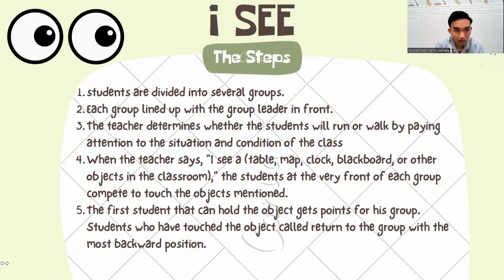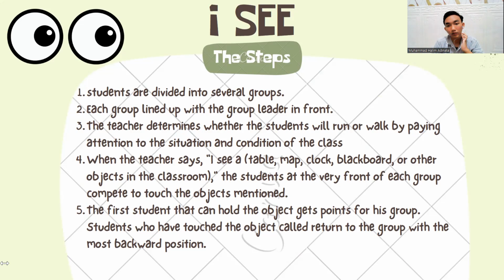and the third is the teacher determines whether the students will run or walk, by paying attention to the situation and condition of the class. And the third is when the teacher says, I see something like table, map, clock, blackboard, or other objects in the classroom.